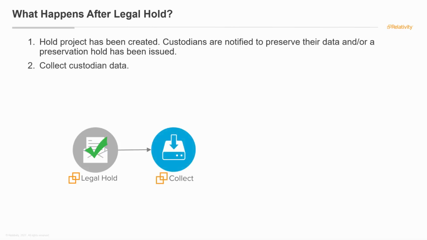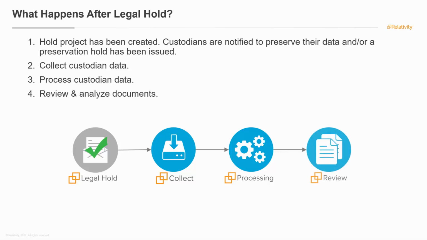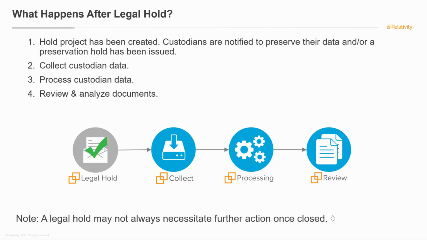Next, the data. This data needs to be collected. And once key custodian's data has been collected, it needs to be processed or normalized, making it available for review and analysis. And it's important to keep in mind that a legal hold doesn't always amount to any further action once it's closed.